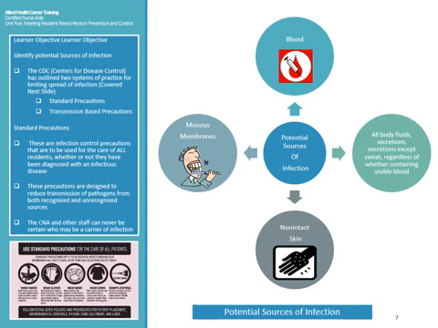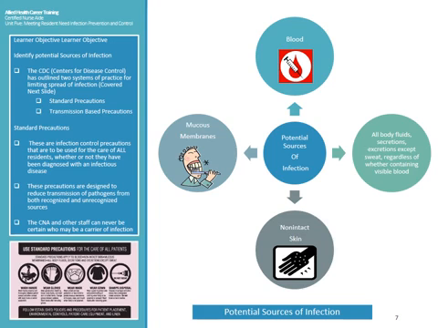Standard precaution and transmission-based precautions. These precautions are designed to reduce transmission of pathogens from both a recognized and an unrecognized source. The CNA and other staff members can never, ever be certain who may be carrying or is infected.